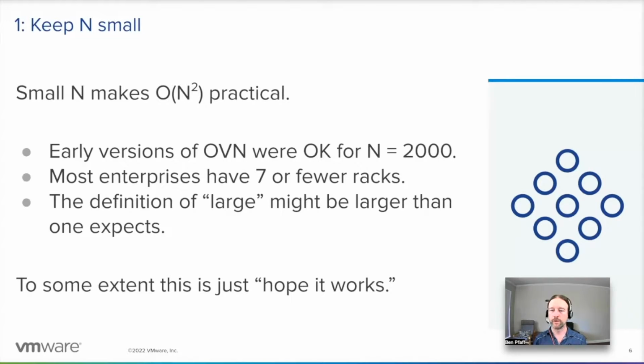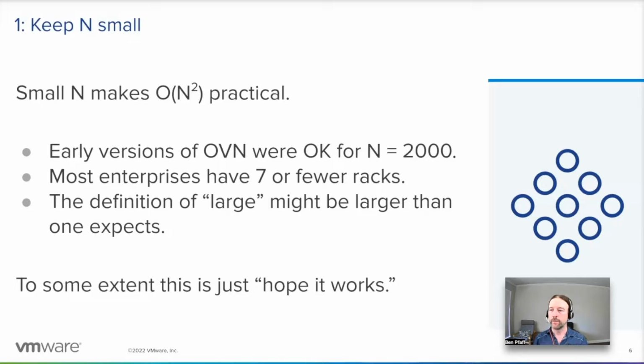One example is the OVN system that I founded. We decided in the architecture that our initial goal was to design it so the bottlenecks would be reasonable up to a particular size. We weren't quite sure how big that would be. It turned out that when some third parties tested it, it worked okay up to about 2,000 VMs.